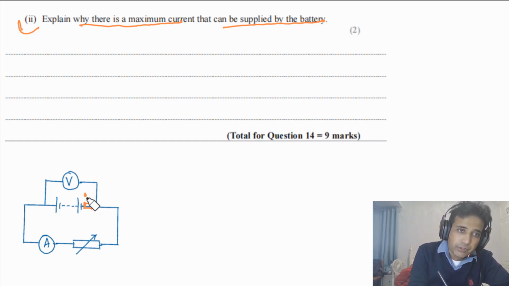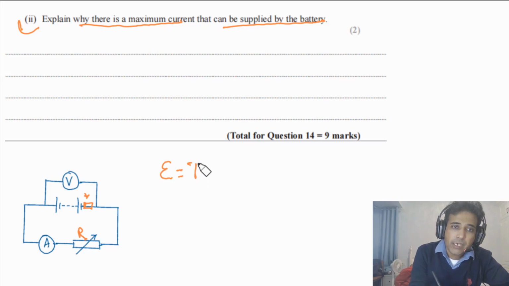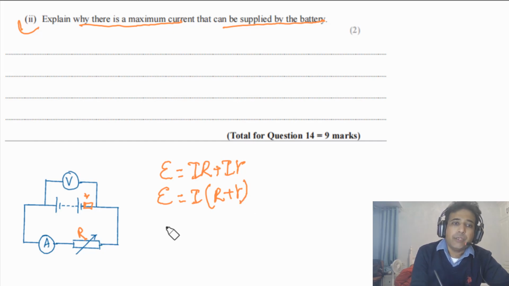So we will say the resistance of this one is small r and the resistance of this variable resistor is capital R. So we can say EMF is equal to I times capital R plus I times small r. We can rearrange this one, so current will be equal to EMF over capital R plus small r.